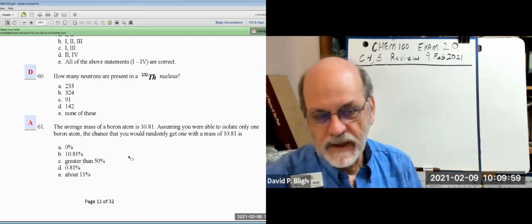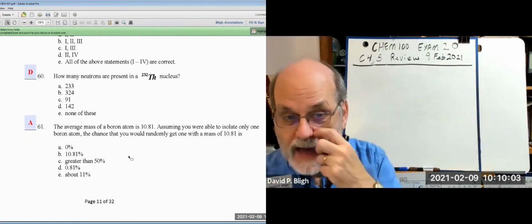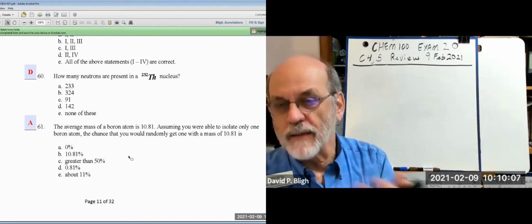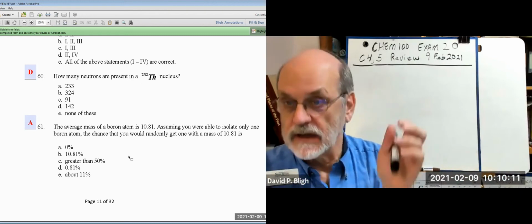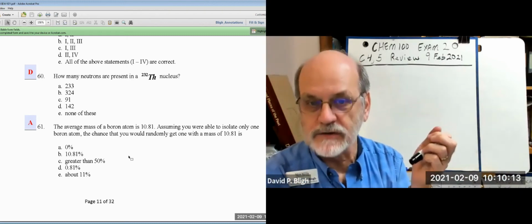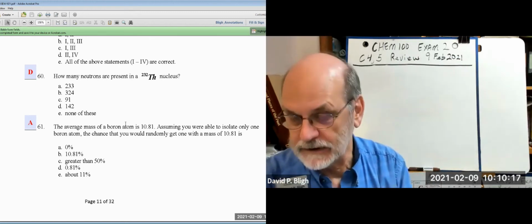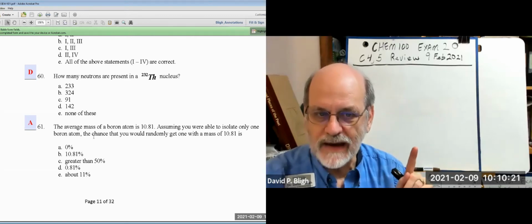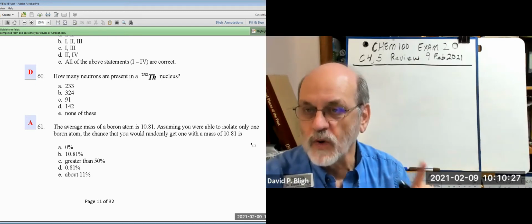Okay, 61. The average mass of a boron atom is 10.81. Right? That could be atomic mass units. Well, in this case, boron atom, it would be 10.81 atomic mass units for boron, because we specified boron atom. Assuming you were able to isolate only one boron atom, the chance that you would randomly get one with a mass of 10.81 is what?